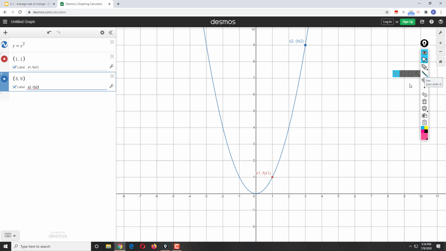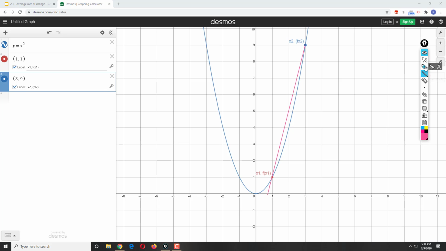We don't have a single slope because it's not a straight line, but we can estimate by drawing a straight line in between two points. Here's our straight line from 1, 1 to 3, 9. That's a straight line. There is a single slope for the straight line.